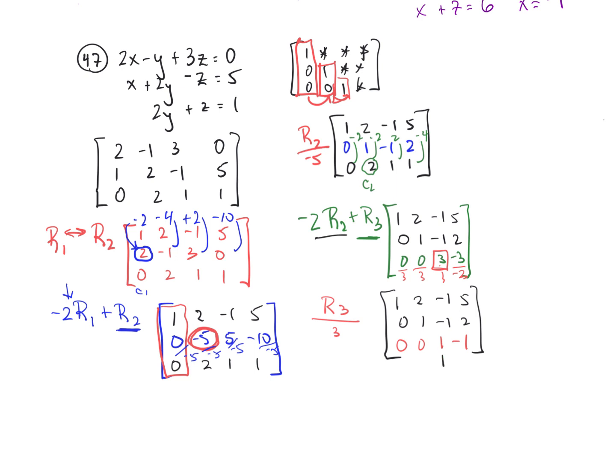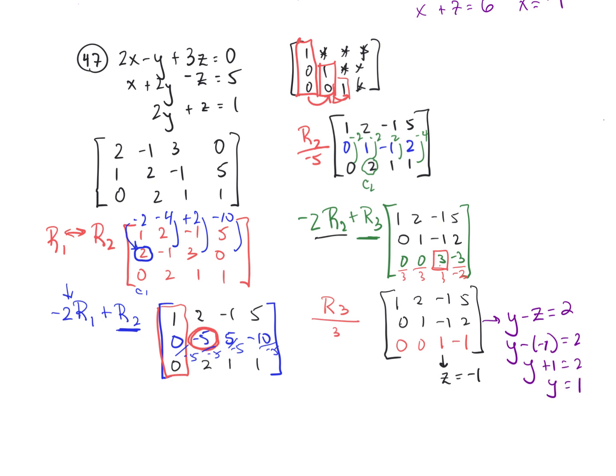What does that mean? That means I have one variable, z, equal to -1, so I know exactly what that answer is. My second row says y minus z equals 2. Since I know z is -1, I have y plus 1 is 2, so y is 1.